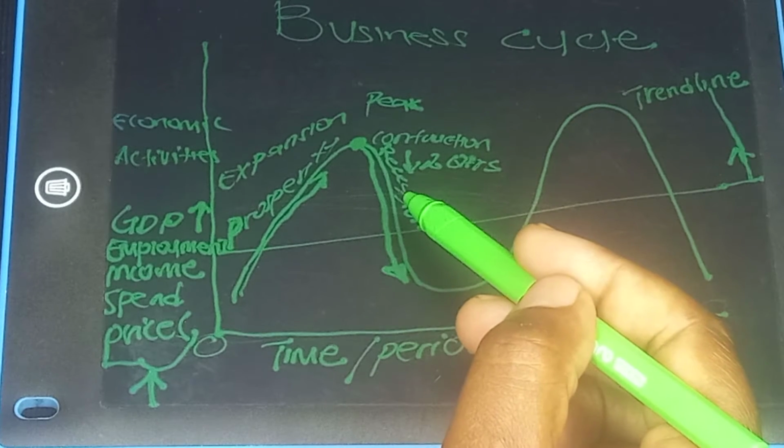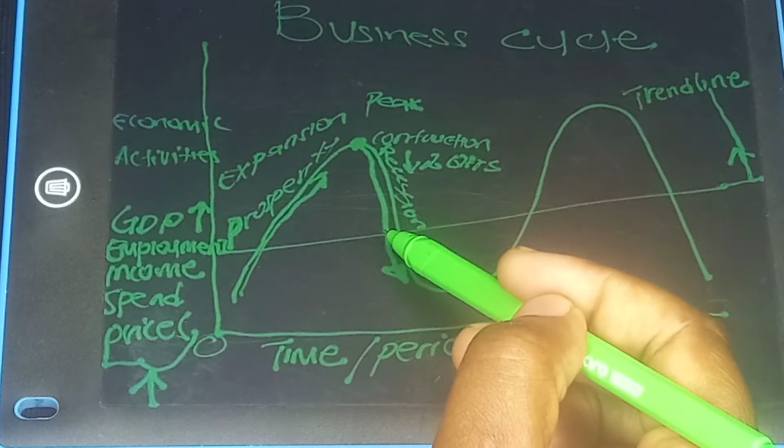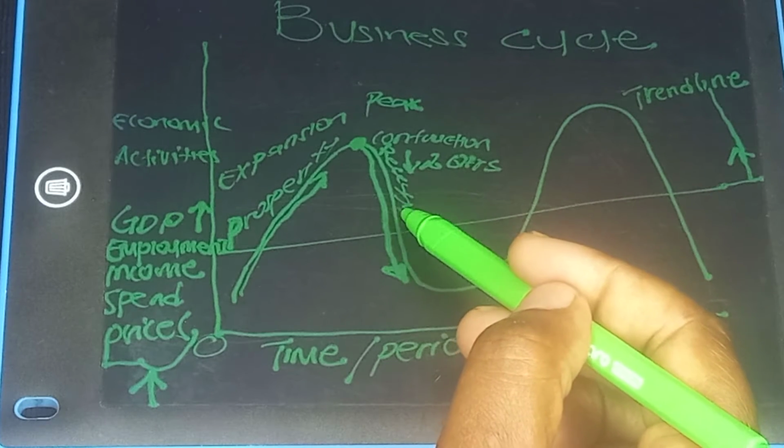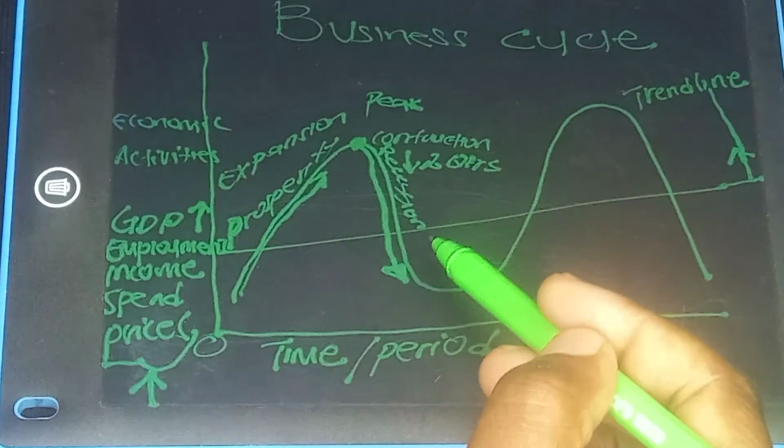But the quarters must follow each other. They must be consecutive for us to say we have reached a recession. So that's the meaning of recession. A recession is a period where the economy experiences 2 consecutive quarters of economic decline.